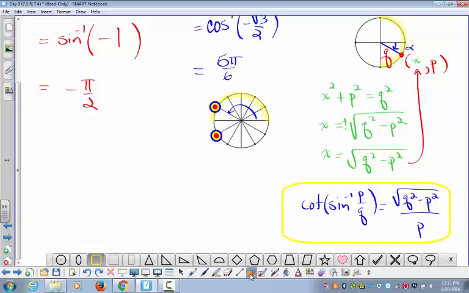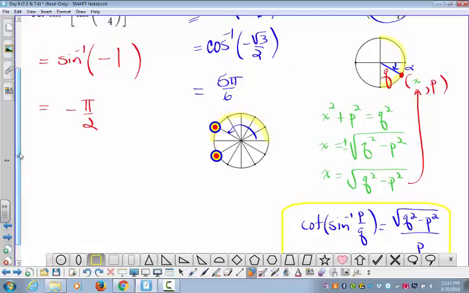Ooh, that's elegant. So the definition of cotangent: cotangent of any angle is the x value divided by the y value. We didn't know the x value.